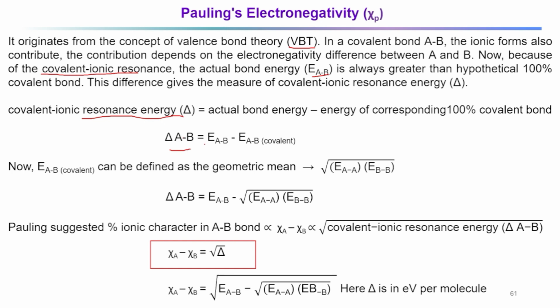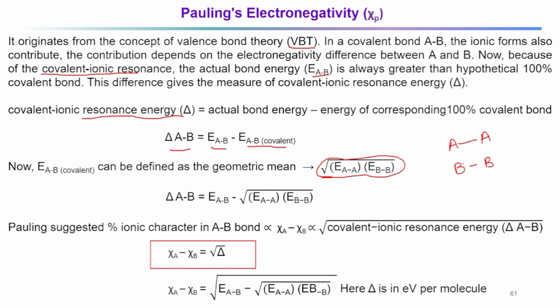So this delta AB represents the covalent-ionic resonance energy. That is EAB, the actual energy, minus EAB covalent, which represents the 100% covalent bond. This EAB covalent can be written as a geometric mean of these two. To understand this, first we have the molecule A2 and we have the molecule B2.